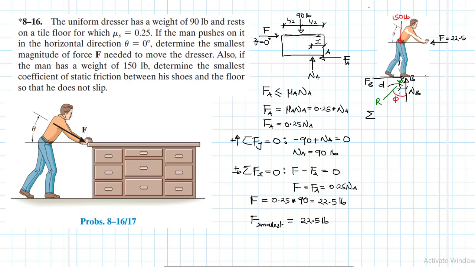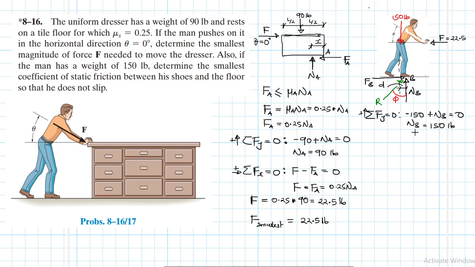So let's go ahead. We have summation of forces in the y equal to 0. So what do we have? We have minus 150 plus NB equal to 0. Therefore, NB is going to be equal to 150 pounds.